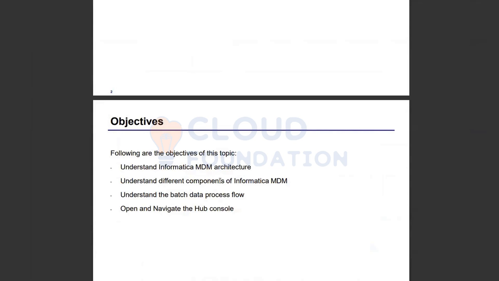Your Hub Console is utilized to create your physical models, hierarchy, cleanse functions, which means everything will be first created in Hub Console. Your entire modeling and entire configuration is created in Hub Console. It's the base of MDM.